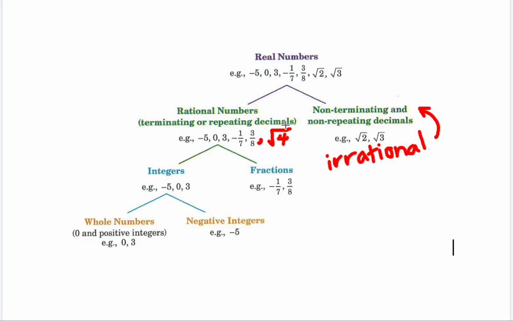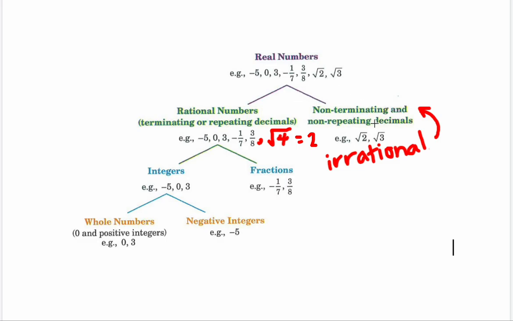We call those rational numbers. And keep in mind that square root of 4, perfect squares like square root of 9, those are also rational numbers because they can be reduced to a whole number. Okay? So just because they have a square root doesn't mean that they're a special number. They still equal a whole number.